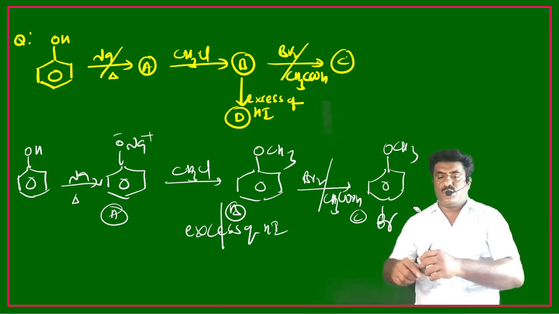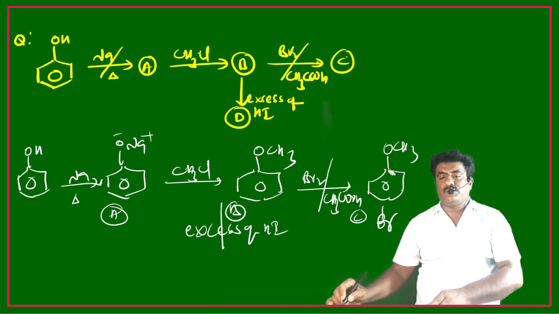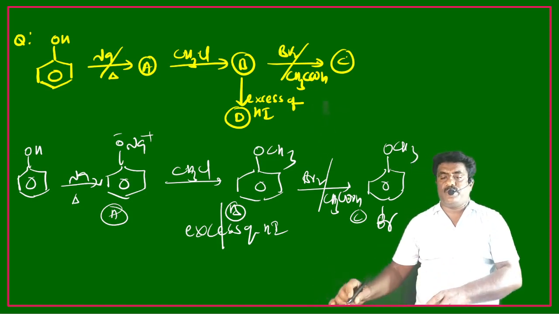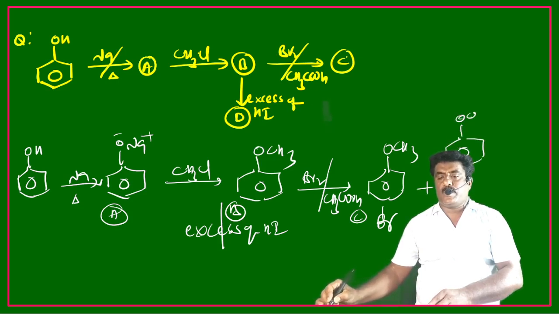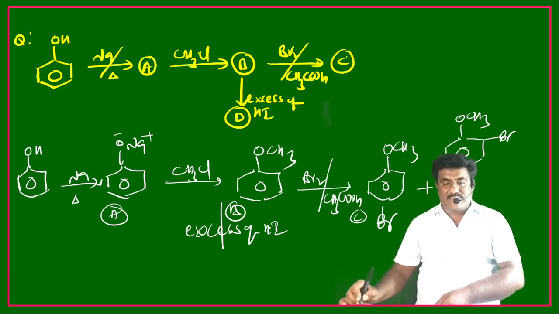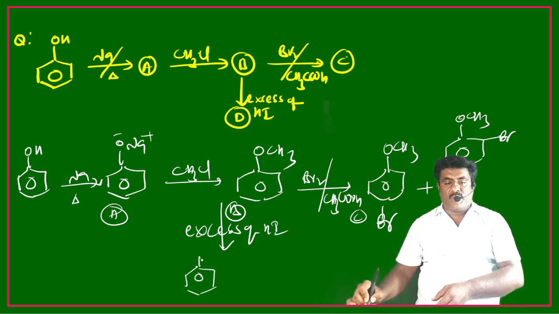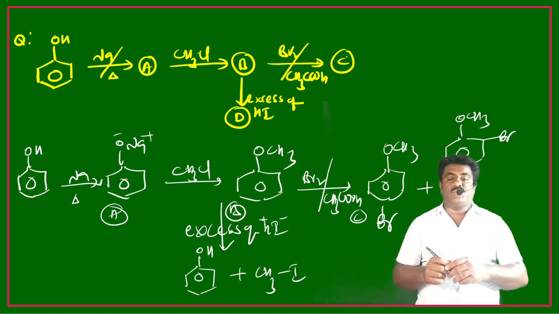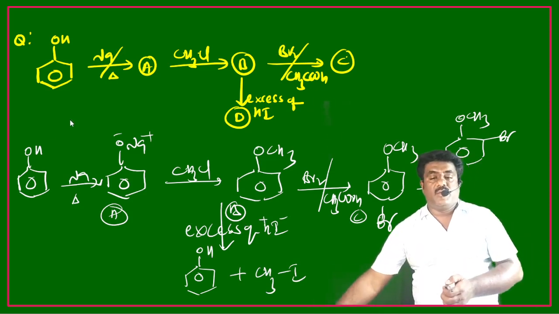Here it forms two products: ortho-bromo and para-bromo. Which is major? This is the major, para-bromo, with the excess of hydrogen iodide added. So in excess of hydrogen halide it forms a phenol with the methyl halide. Yes, methyl halide. Excess of H+ and X- forms phenol and methyl iodide.